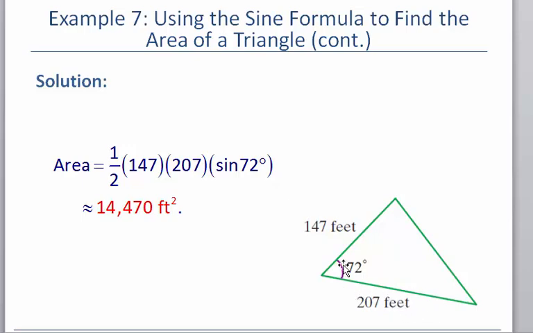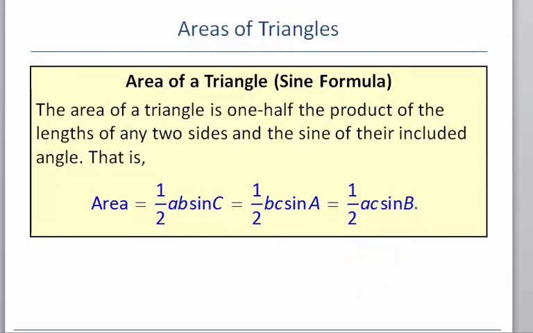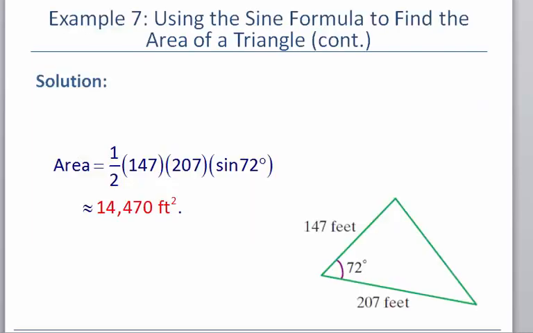Now remember that in order to use one of these formulas, we have to have the length of any two sides and the angle that is included, which is what we have in this picture. We have the length of two sides and the included angle. And so we can use our formula, 1/2 times the two sides times the sine of the included angle.